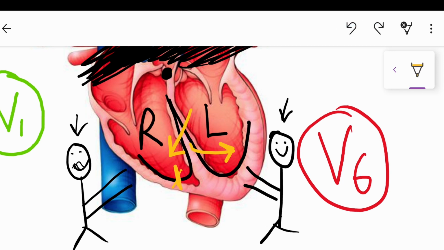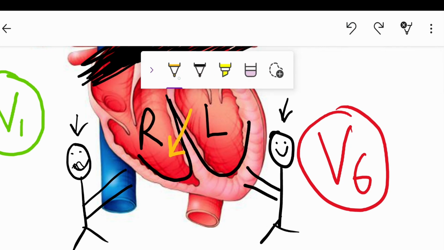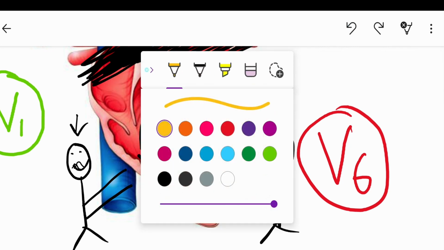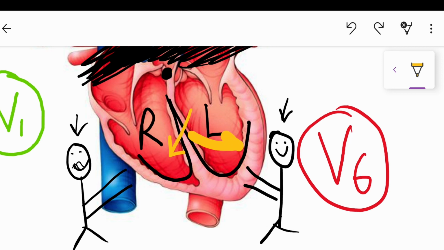So this bundle isn't working. This one is working though. So we are going to get a contraction in the left ventricle. The wave will travel towards the left ventricle first.